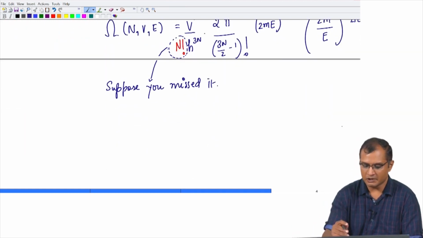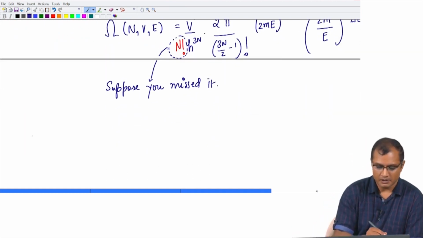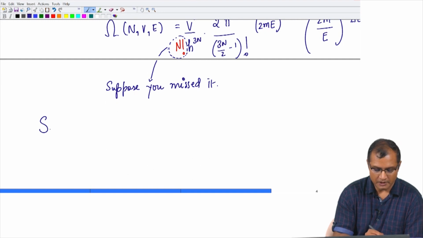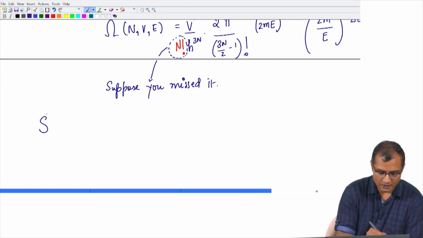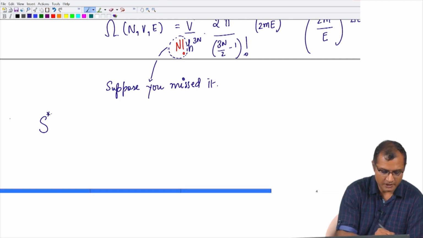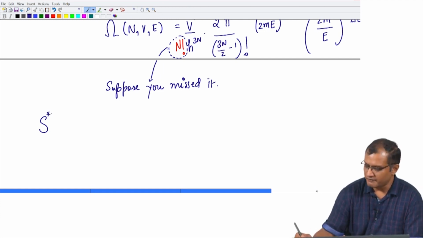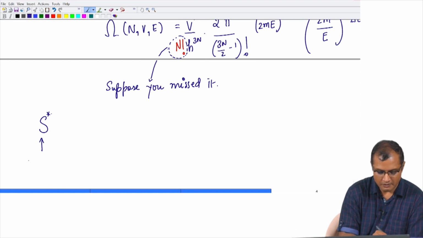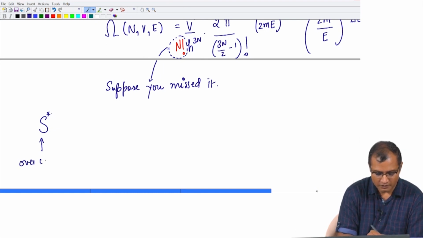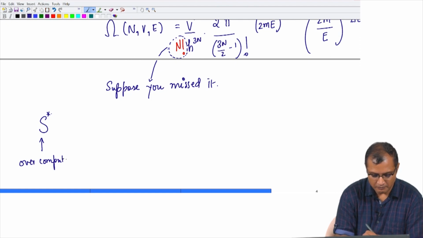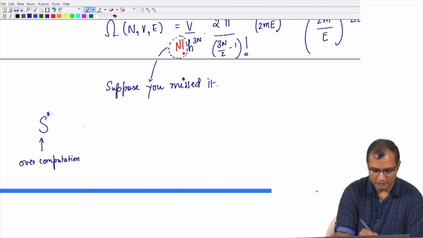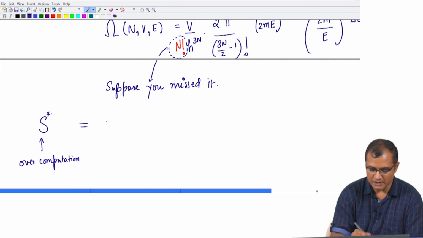then without this N factorial, the expression for entropy, and I am going to write down a superscript star to just tell you the fact that this is an over computation. This would be just N k_B.